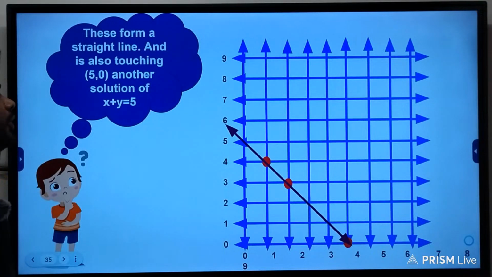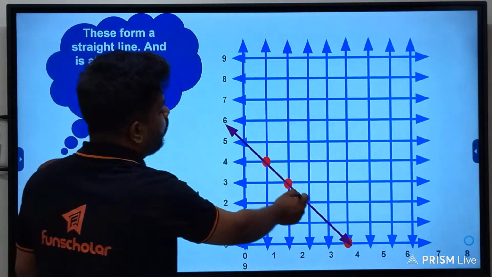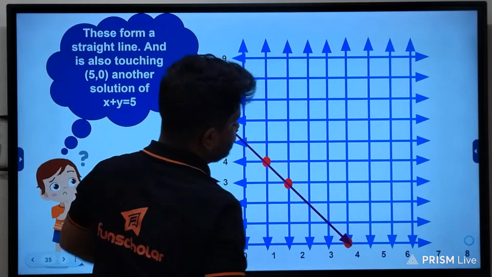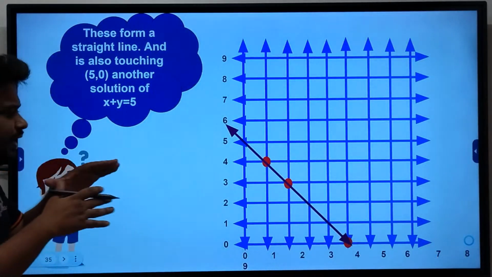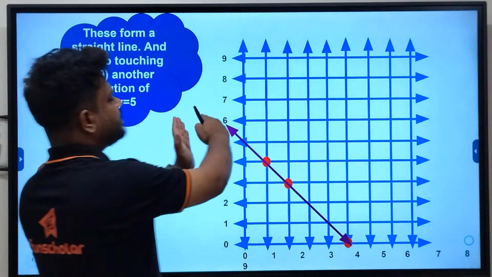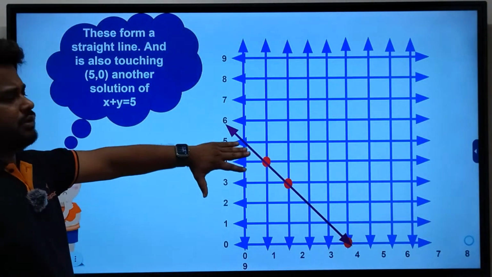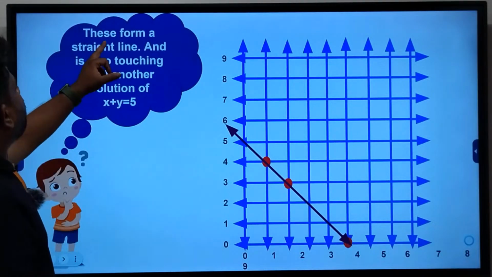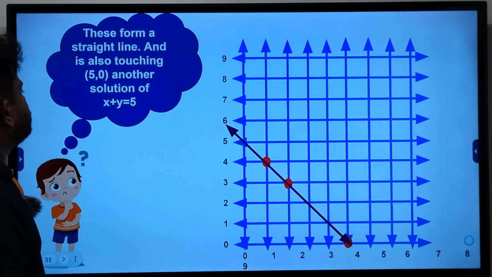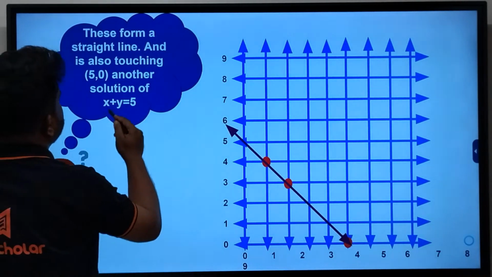The next step is, if I join all the points, we will get a straight line, or a ray maybe. You can see that here they have drawn a ray, and you can imagine this as a straight line, and it is also touching 5 comma 0, another solution.